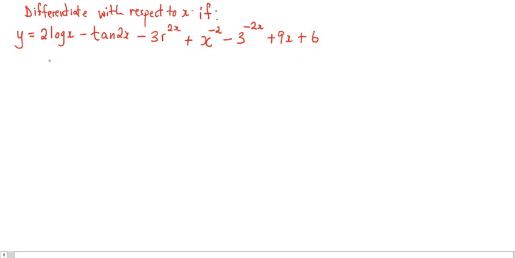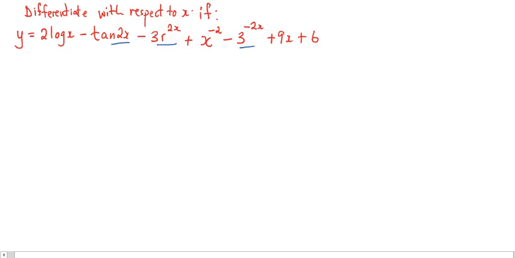Right, so let's quickly dissect this question. On the second term, we do have a function of a function. We also have a function of a function on the third term, and on term number 5.